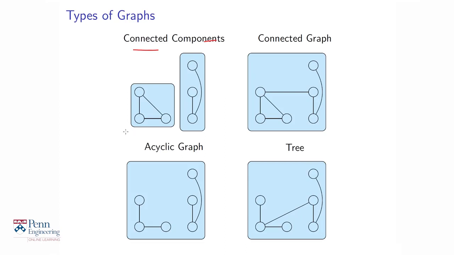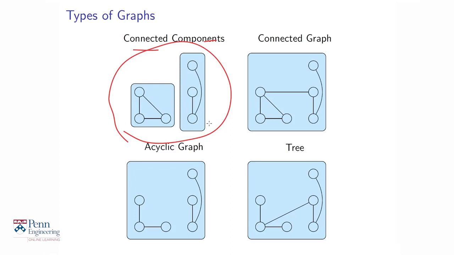So this whole thing here is one graph. You can see that the first 3 vertices that form a triangle are all connected to each other, so they are in the same equivalence class. The remaining 3 vertices are not connected to any of the first 3, but they're all connected to each other, so they form a second equivalence class. And so this graph has two connected components.